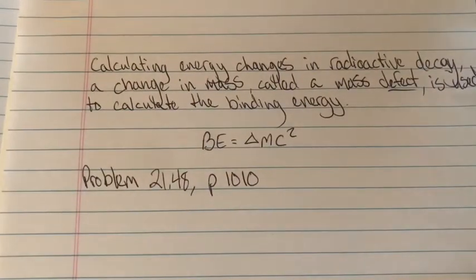So if you go over to page 1010, problem 21.48, take a look at that problem and see what you come up with. Now, if we're talking about fluorine, and it's going to undergo some kind of decay, fluorine is going to have 9 protons, 9 neutrons, and 9 electrons.